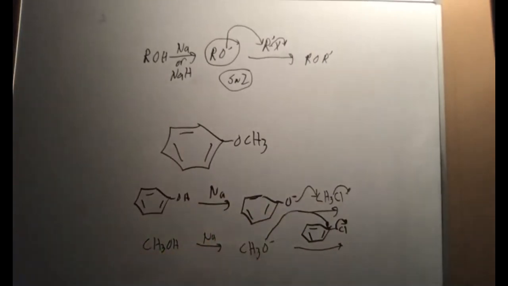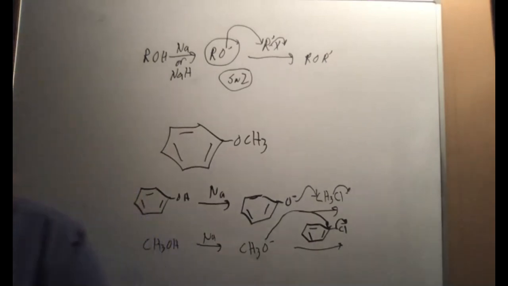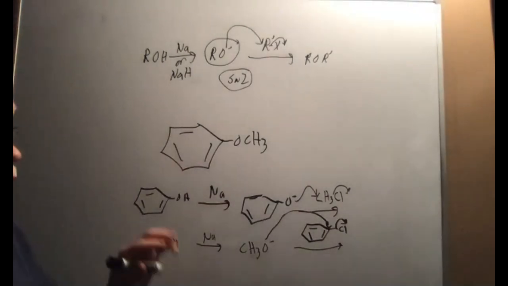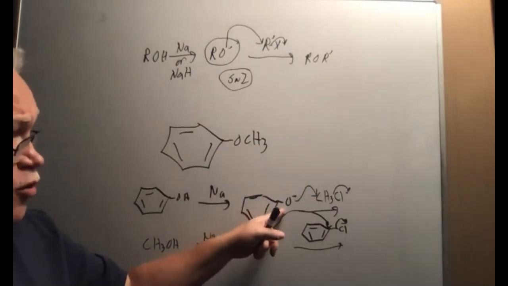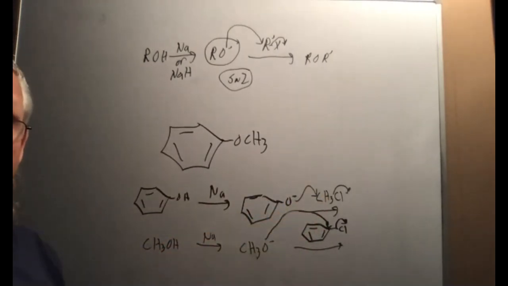Now let me ask a question. One of these methods works much better than the other one. So if you were doing the test, would you use the first method on top or the second method on the bottom? Where you look is the second step, where the SN2 reaction occurs. Notice the nucleophile here is attacking a very unhindered halide.